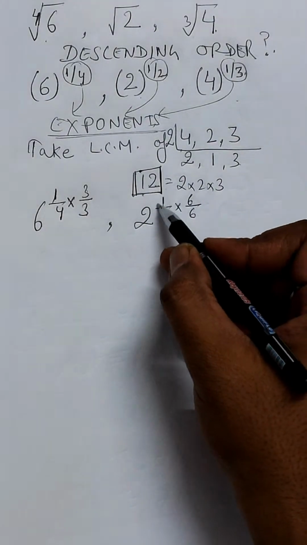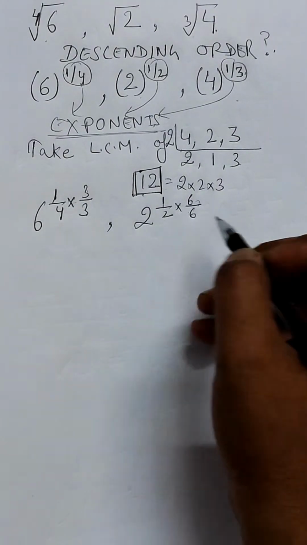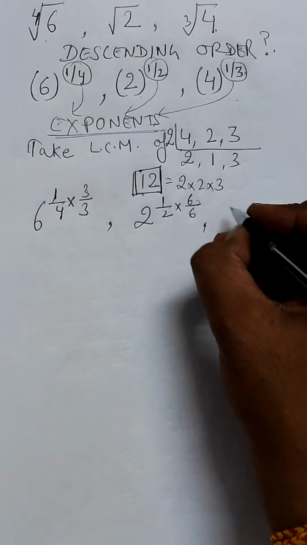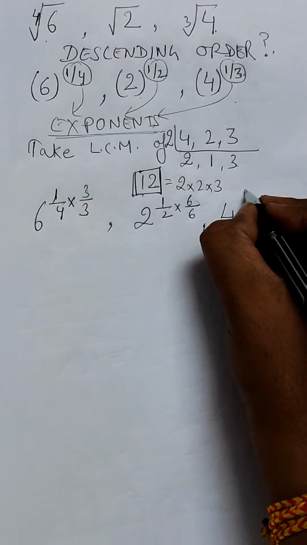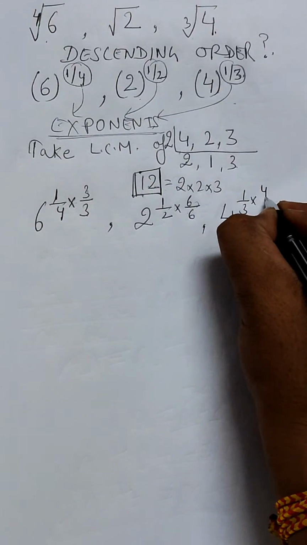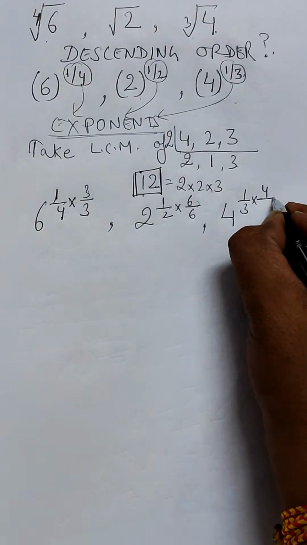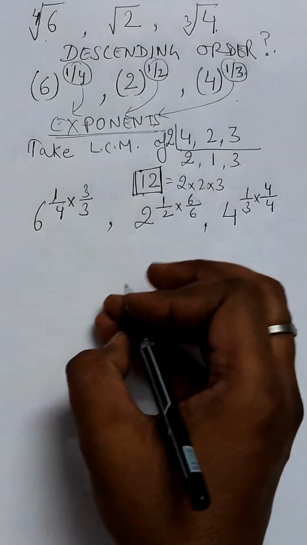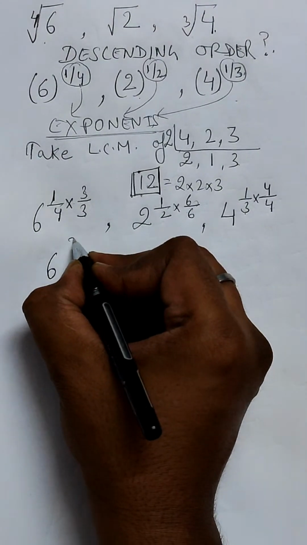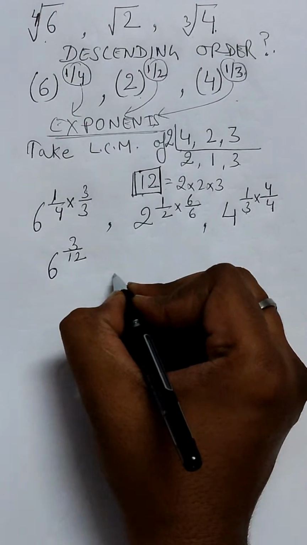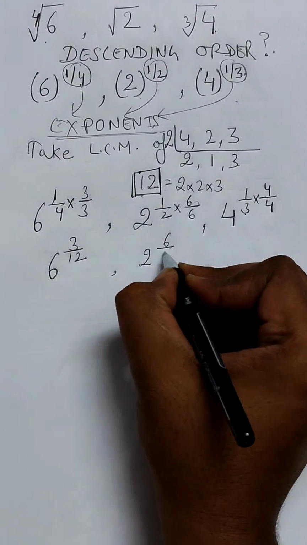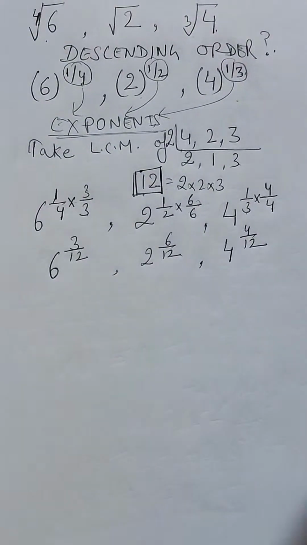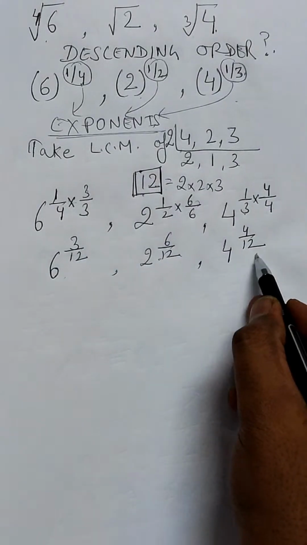For the third number, 4 power 1 by 3, multiply with 4, so that 3 into 4 will be 12. So these numbers can be written as 6 power 3 by 12, 2 power 6 by 12 and 4 power 4 by 12.